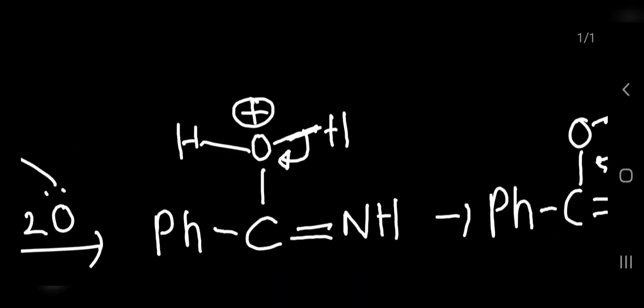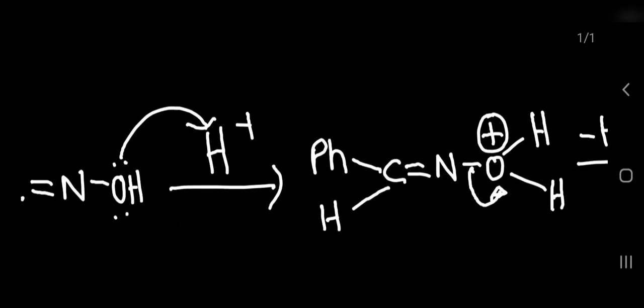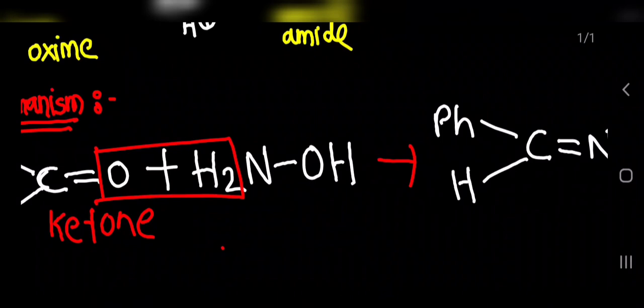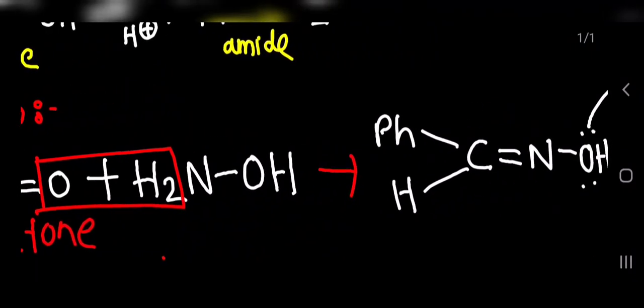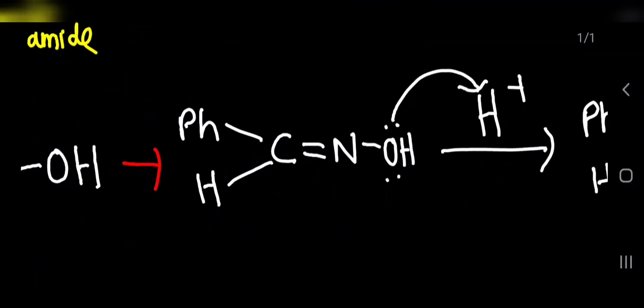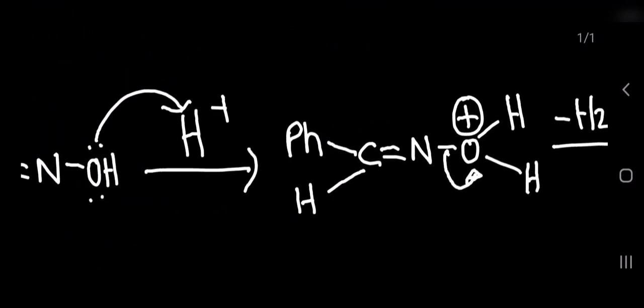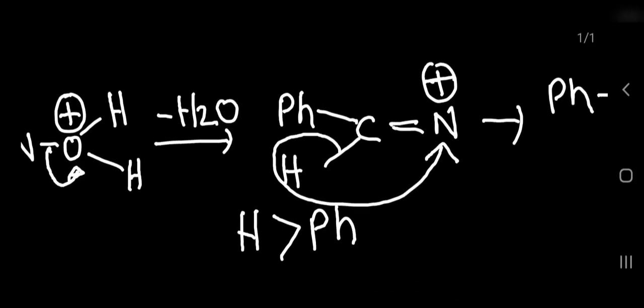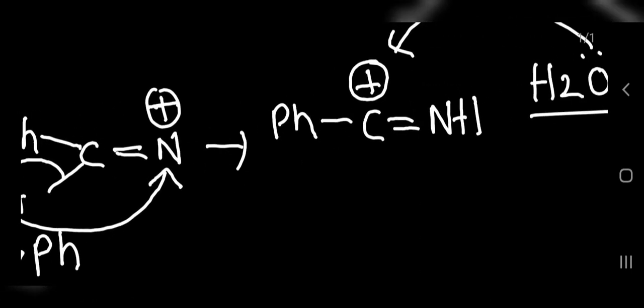So you can see over here from the start, the first step is the formation of the oxime, which is formed by using the ketone and hydroxylamine. The oxime is protonated due to the alpha effect. Then there is a loss of the water molecule. Then as the migratory aptitude of hydrogen is greater than the phenyl group, it migrates over there.